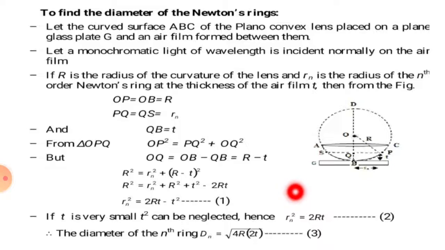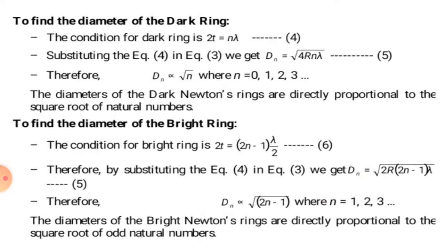Now we will find out the diameters of bright and dark rings. To find the diameter of the dark ring, we already found the condition for the dark ring is 2t equal to n lambda. Here we substitute the thickness of the film t equal to r square by 2R. We can simplify this.